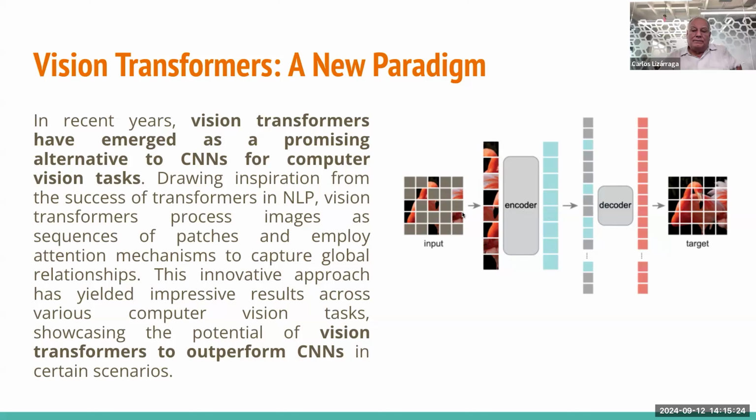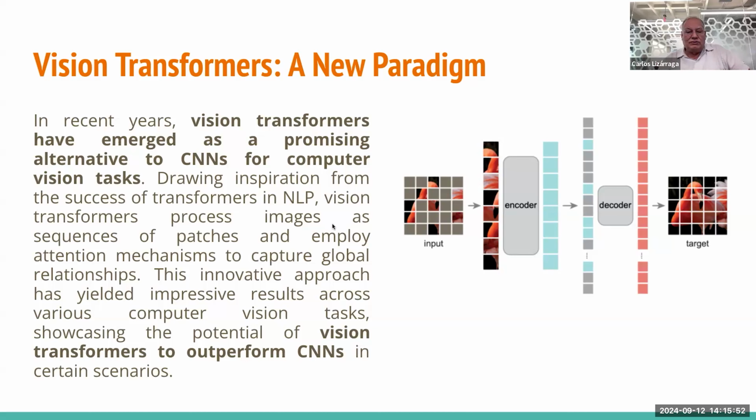The same thing happens in computer vision. The image is fragmented not into words, but into small images of pixels, like 16 by 16 or 32 by 32, and those small images are sent into an encoder, and then the system will try to extract some information.